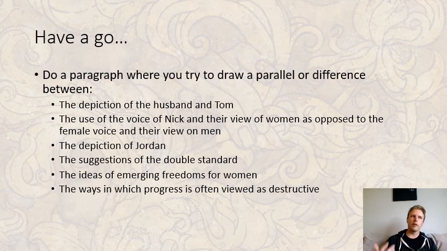You could compare Jordan to the female narrative voice, and Jordan as a flapper. You could focus in on the double standards. You could look at the emerging freedoms for women, and the way in which, overall, any ideas of progress are very often viewed by at least certain groups within society as destructive.